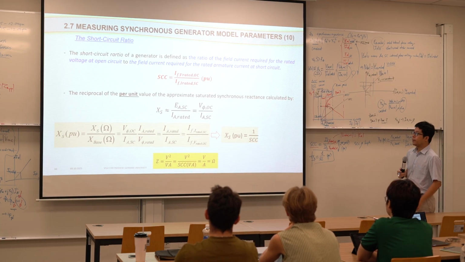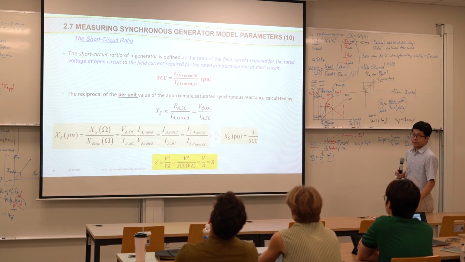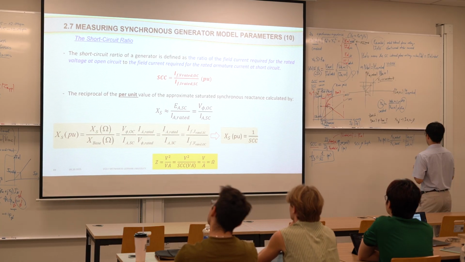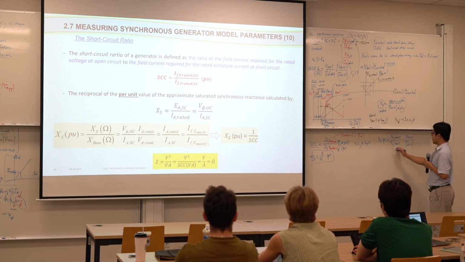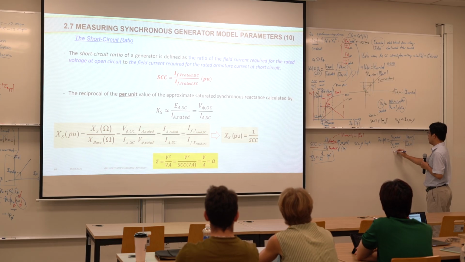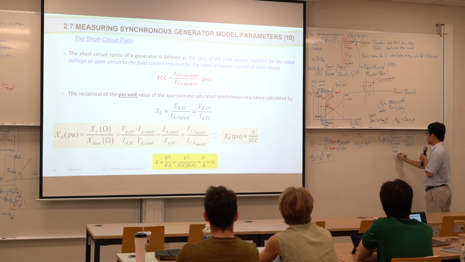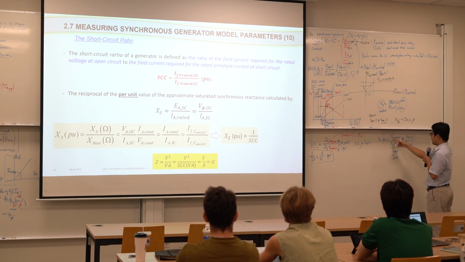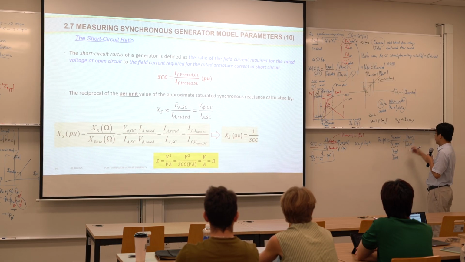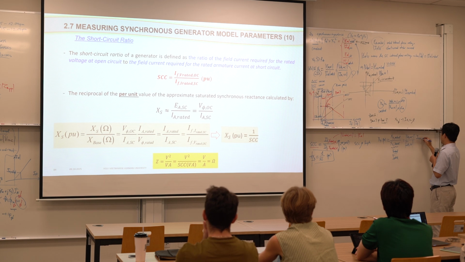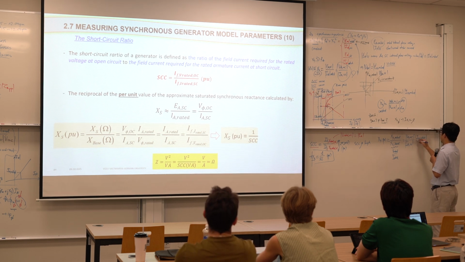This is base or rated. So XS is equal to V rated over I rated. So this is 1 over XS, you make inversion of this one, so you get I rated over V rated.